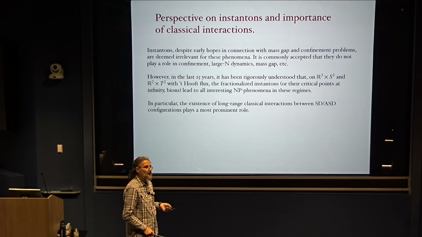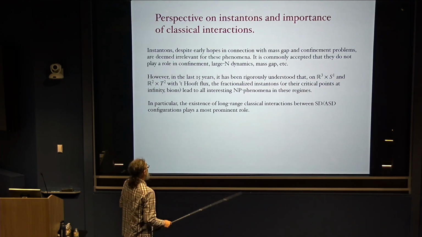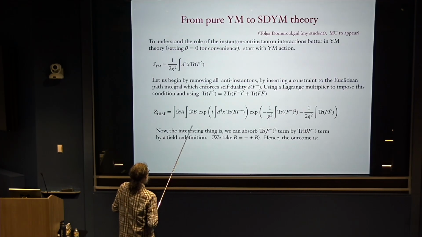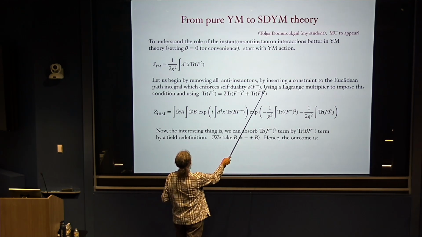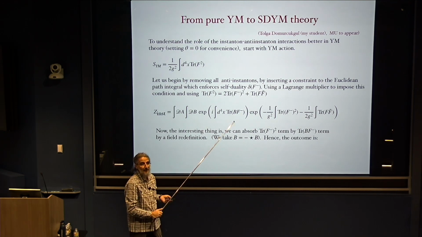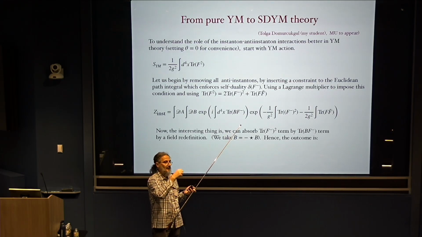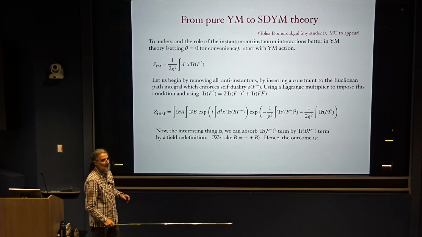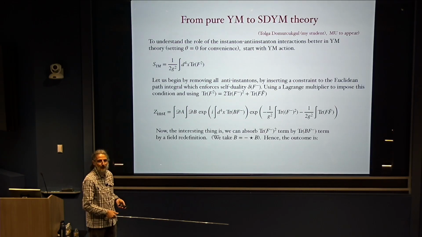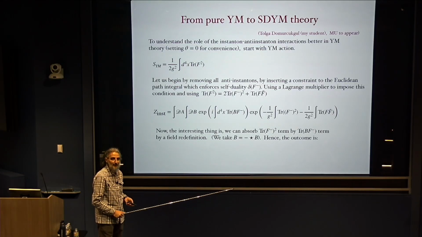Let me turn the anti-instanton out of the game. Can I do this? Yes, I can. All I have to do is insert a Dirac delta into the path integral, which tells you that I must integrate over self-dual field configurations. And this took me to a big surprise, to some very interesting literature in the context of amplitudes.